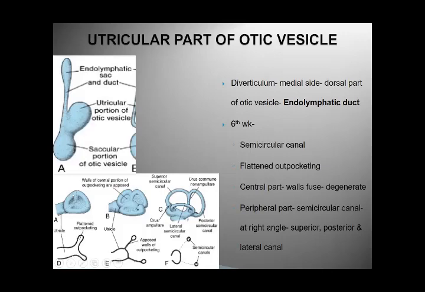The central part of these, अब अगर outpocketing है बेटा तो double walled होगी. The central part of this wall, the layers of these wall fuse. The central part में it gets fused. जबकि peripheral part में this endolymphatic, ये जो duct है आपकी developing semicircular canal, इसका जो peripheral part है उसमें fusion नहीं होती.